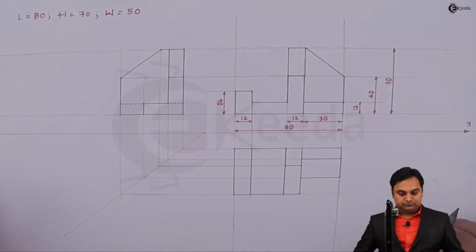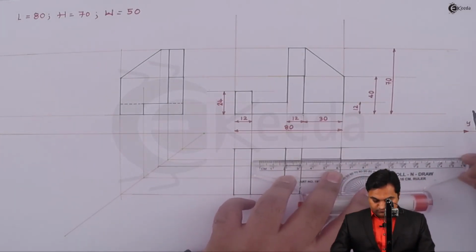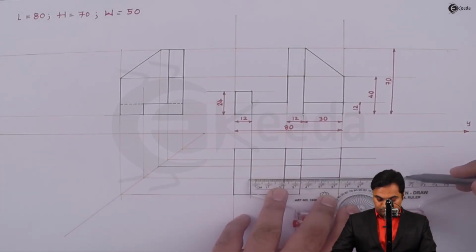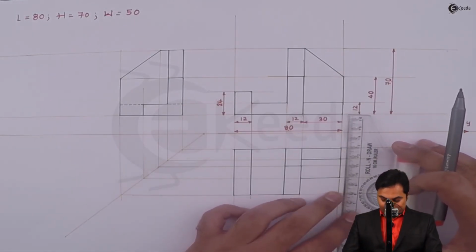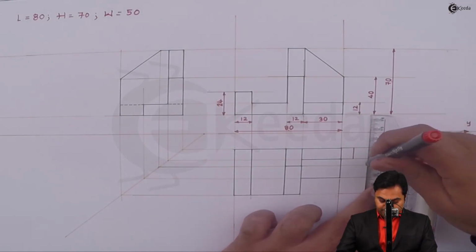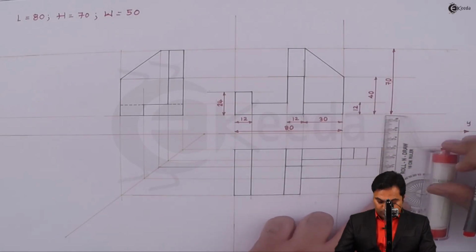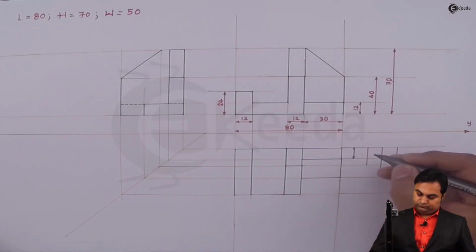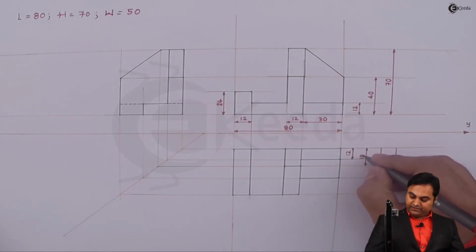Similarly for the top view, giving the dimensions along the width, 12, then this is 18 mm, twelve mm width, then 18 mm width.